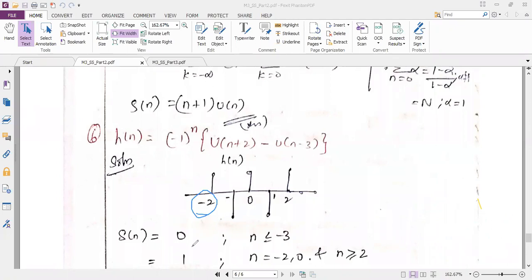In my notes, I have written for the other ranges also how the value of S of n behaves. It is optional; if you want, you can write it. When n is less than or equal to minus 3, I do not have anything, so the answer is 0. And when n is between minus 2 to plus 2, you can write the answer as 1. So you can write only these 2 lines as the answer.